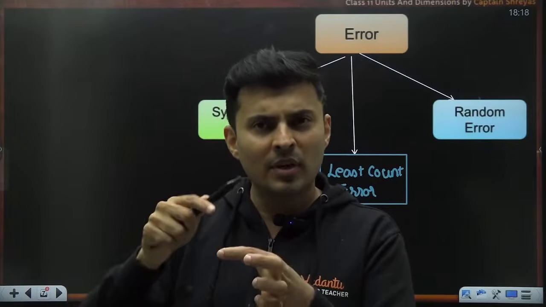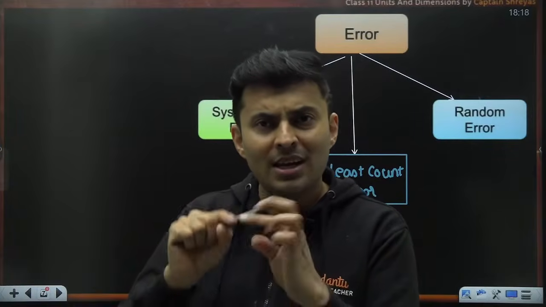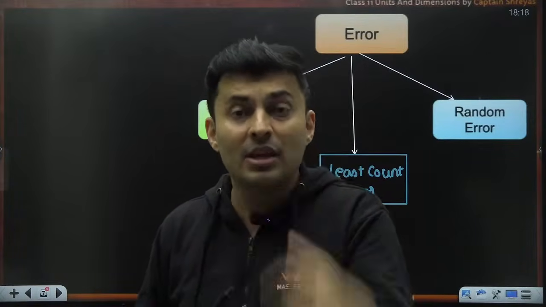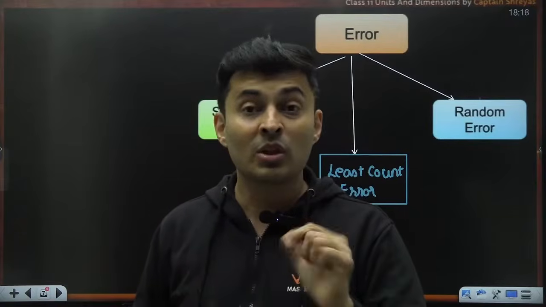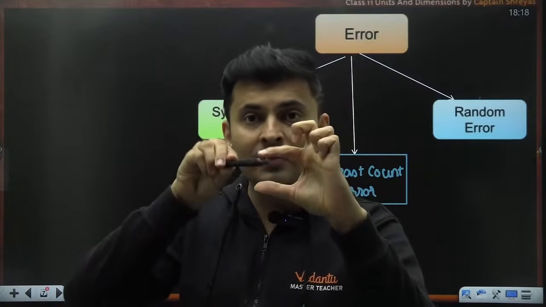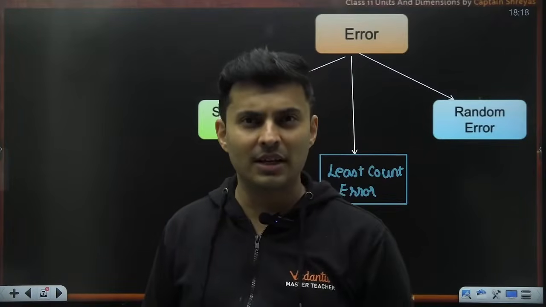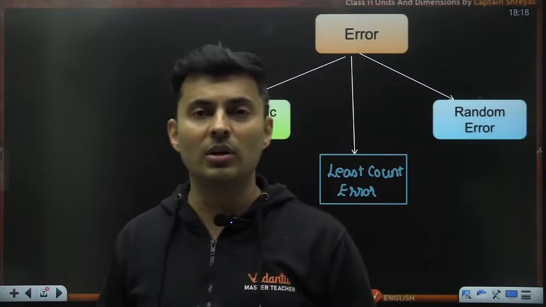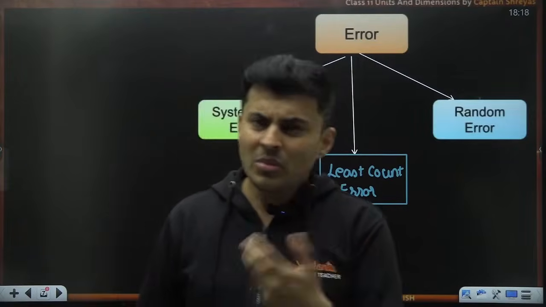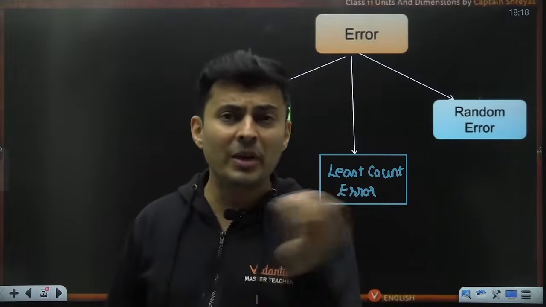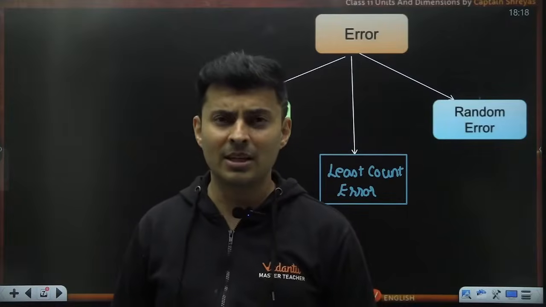If you add more mass, 20.4 will remain 20.4 until you add enough mass to make it 20.5. So again, there is a margin of error because of the limitation of the device. That is called the least count error, or least count of the instrument causing some uncertainty in the measurement.